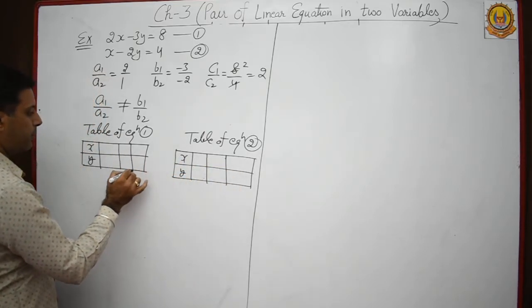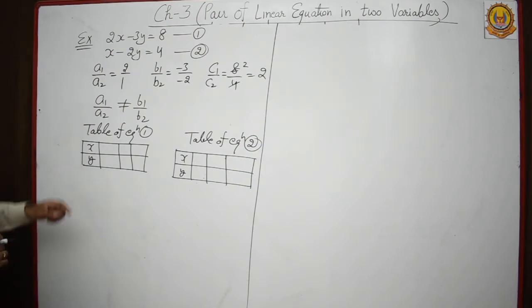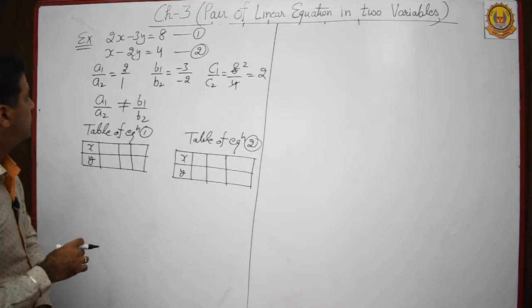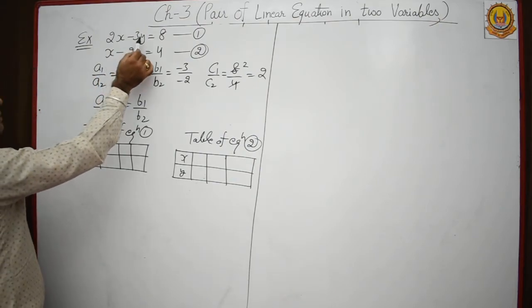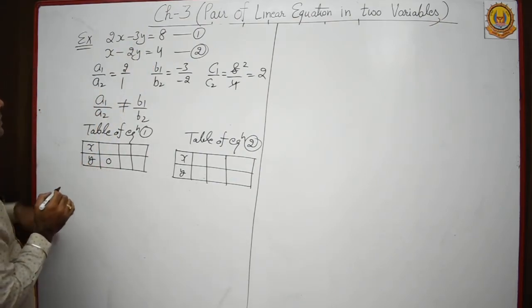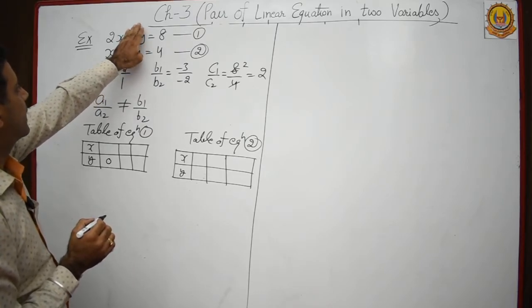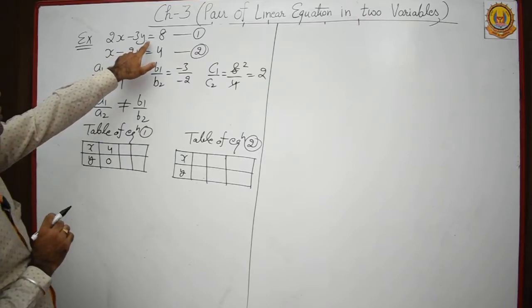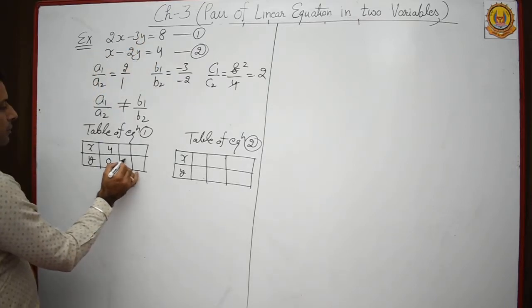I am going to take 3 points. You can put any values of x and y as you wish, it depends on you. So I am putting y equal to 0. If y is equal to 0, I will get x equal to 4. Now I am putting y equal to 1.